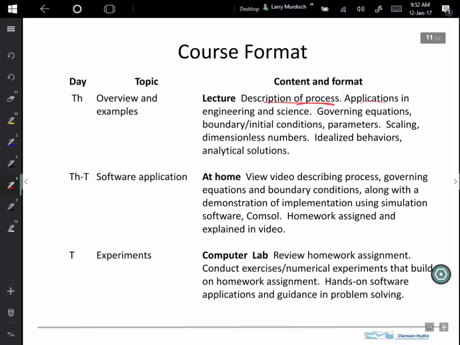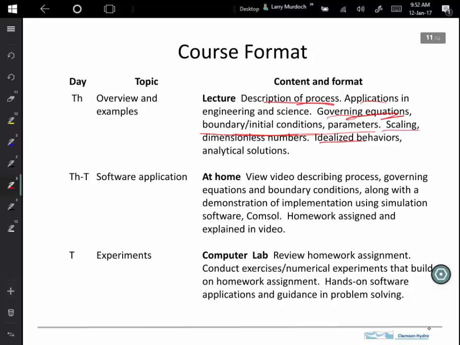I'll give some applications, and then we'll talk about what the governing equations are for that particular process and parameters, some dimensionless numbers, scaling, idealized behaviors, that kind of stuff. So how the process works, and it'll be fairly broad and hopefully give you an idea about how things are working.